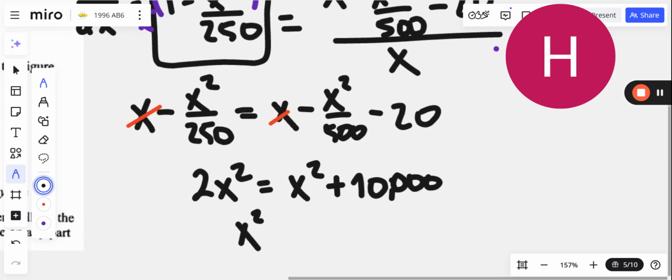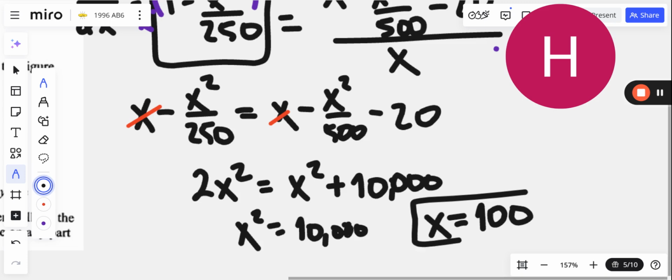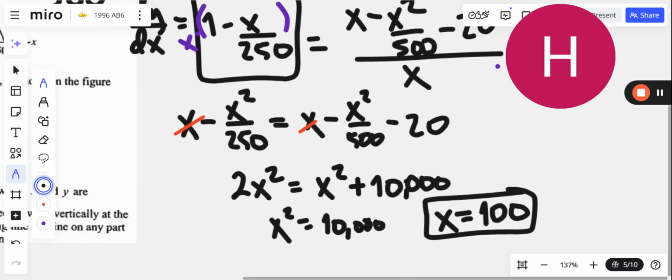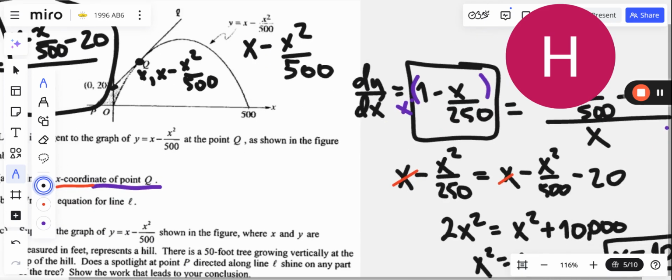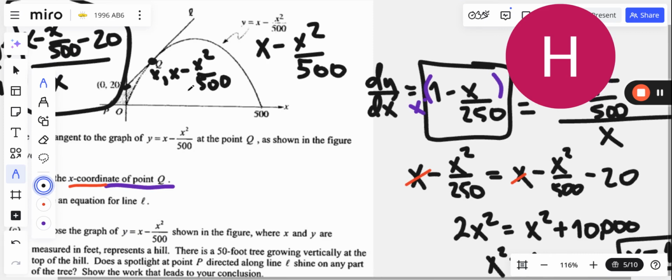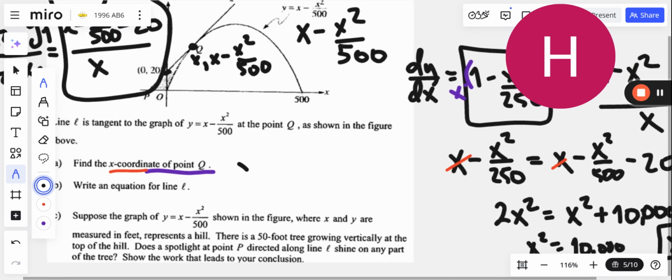So this is going to give us x squared equals 10,000, and if that looks like a big number, it's okay. It's just 100. So this is the x-coordinate where that tangent line must be hitting such that it goes through the point 0, 20. So we're going to put x equals 100.